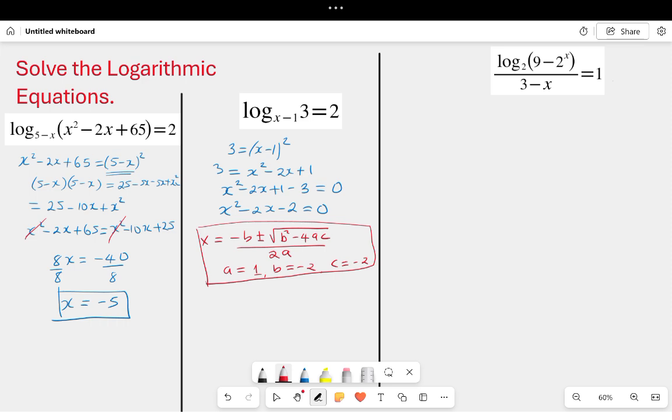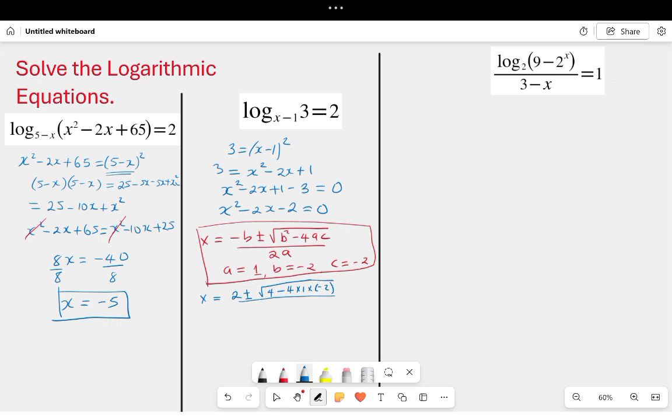Okay. Therefore, working out this, we are going to get x will be equals to 2 plus or minus the square root of negative 2 squared is 4 minus 4 times a is 1 times c, which is negative 2.